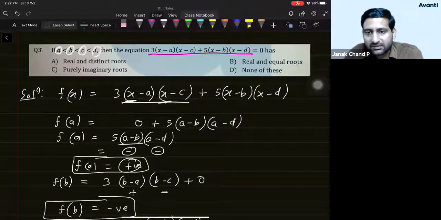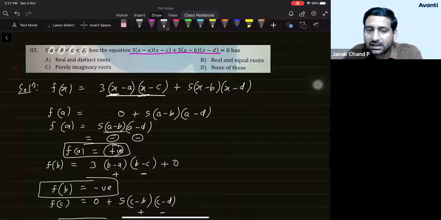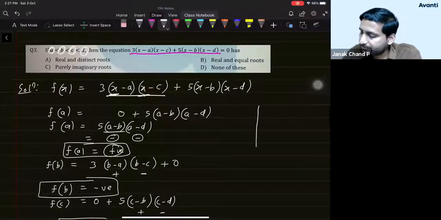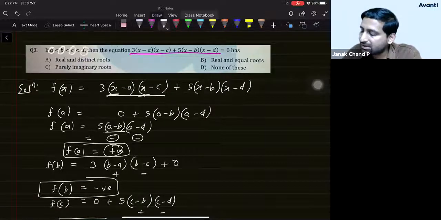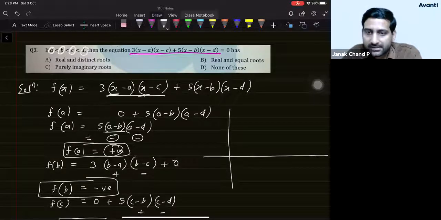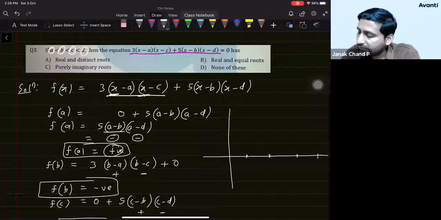With the help of this information, student, if we try to draw a rough diagram of this particular quadratic equation, even that will help us tell whether the roots are real or imaginary. If you look at the question carefully, student, I will write first of all 4 numbers like this: A, B, C, D. 4 numbers are there.